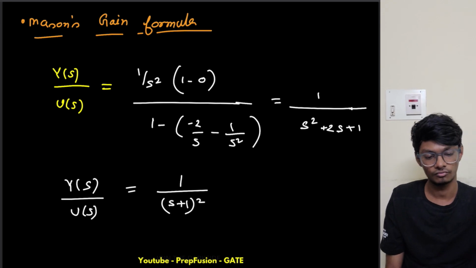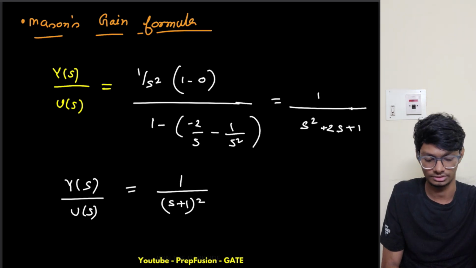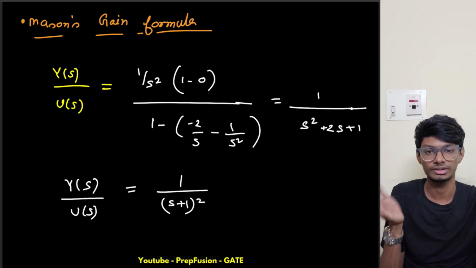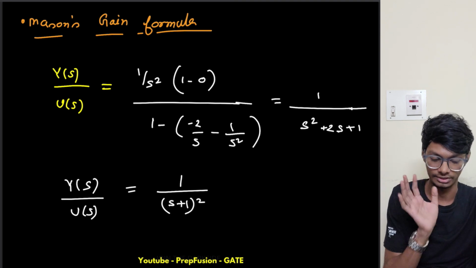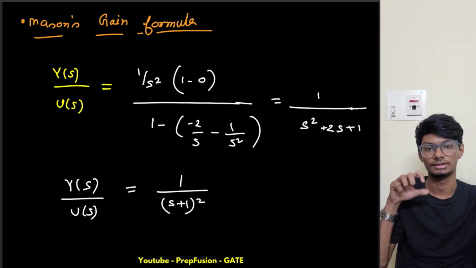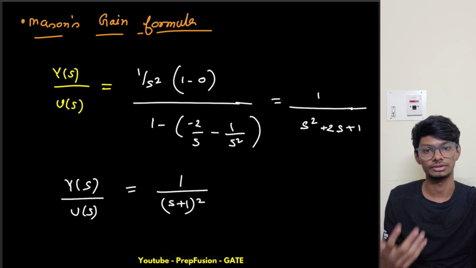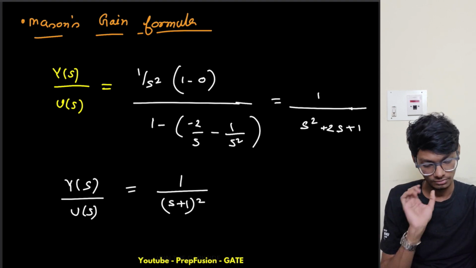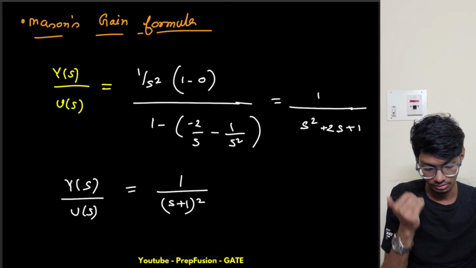This is basically my transfer function. This is the calculation. Impulse response, what will it be? It will be t e raised to power minus t u(t), but the question has not asked that. The question has asked only the transfer function. So this was it for this question.